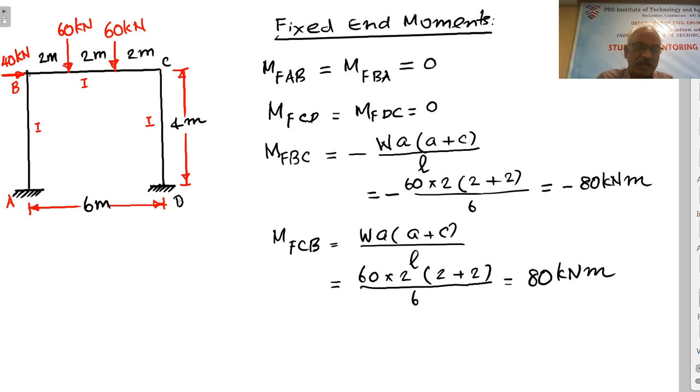It is loaded with two vertical loads, 60 and 60 kilonewton, which is symmetrical loading as far as beam BC is concerned, and it is also subjected to a lateral load of 40 kilonewton at support B. Therefore, the frame is symmetrical, but the loading is unsymmetrical because of the lateral force of 40 kilonewton at B. Therefore, this frame will be subjected to side sway.